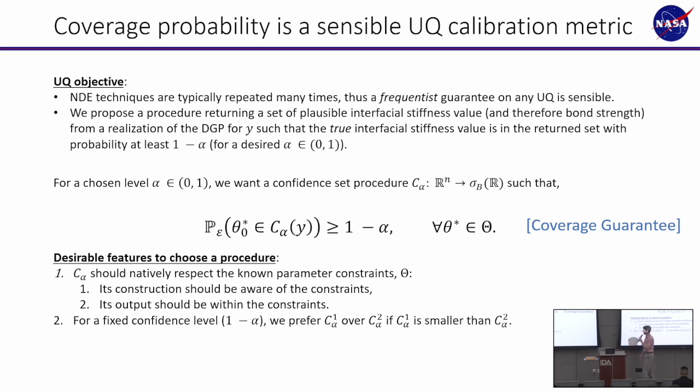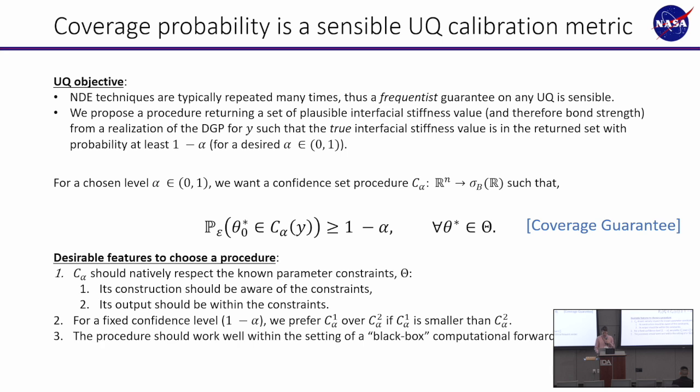And I'm also going to give us a way to distinguish between different confidence procedures. So for a fixed level, I'm going to say I prefer confidence procedure A over confidence procedure B if one is smaller on average than two. And this will be an important kind of metric, if you will, when I'm showing how our method performs against a baseline.